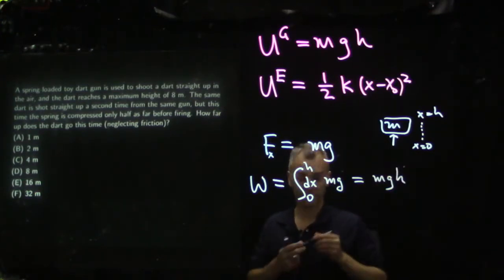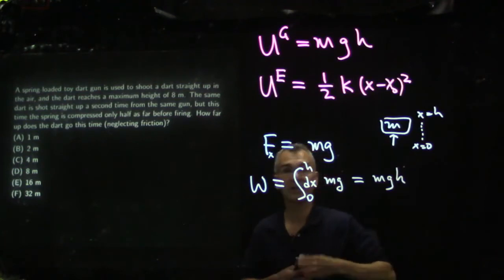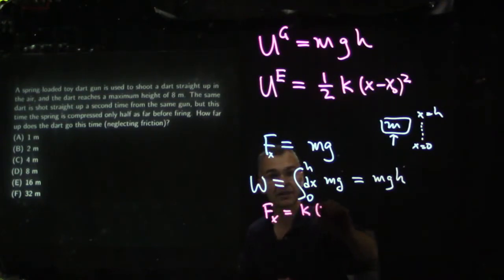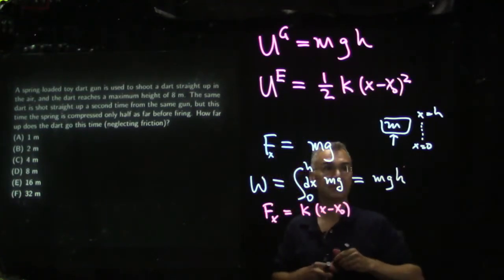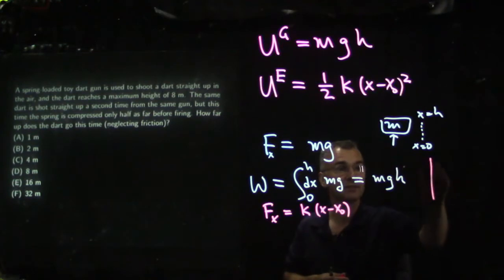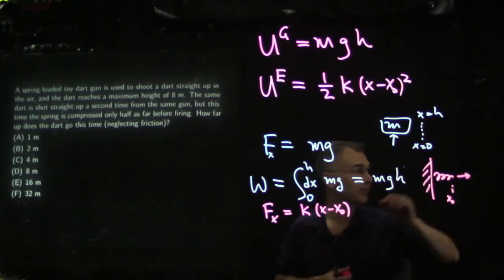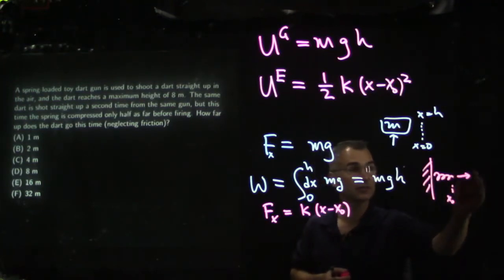Okay, so that's gravity. So if I do the same thing instead on a spring, then the force I have to exert is k times (x minus x relaxed). What does that mean? Here's my spring, and here is x relaxed, and then I'm going to pull. I'm going to exert some external force which pulls the end of the spring this way.